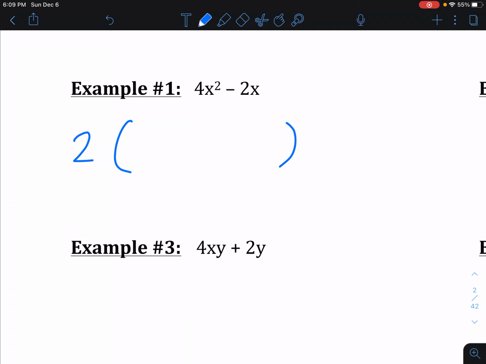That is because we have x's in both terms. If you have x's in all of the terms, that means an x must be part of your GCF as well. So the rule is if I have x squared in one of the terms and x in the other term, remember you take the smallest exponent, the smallest degree. So now my GCF is 2x.